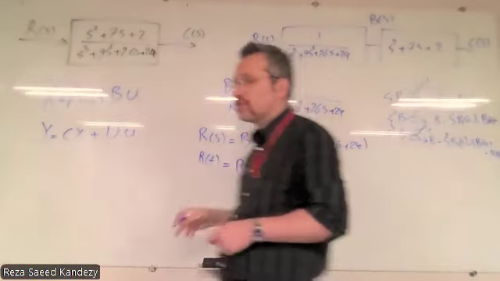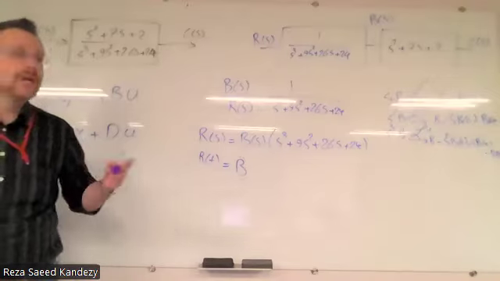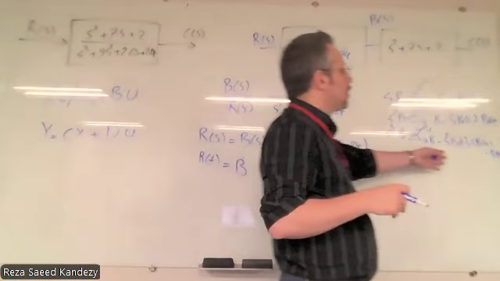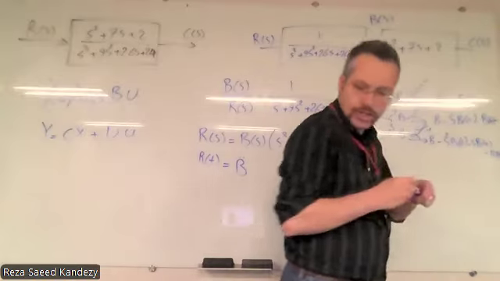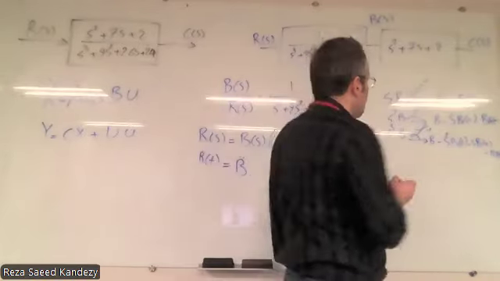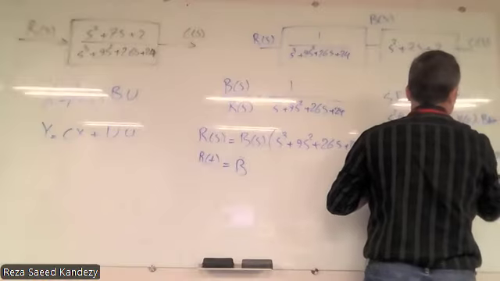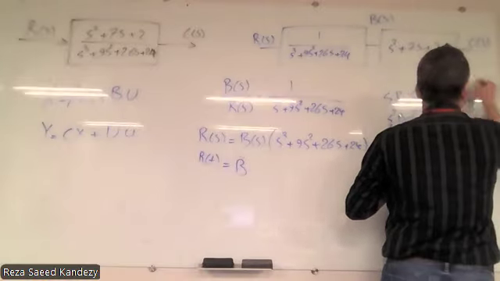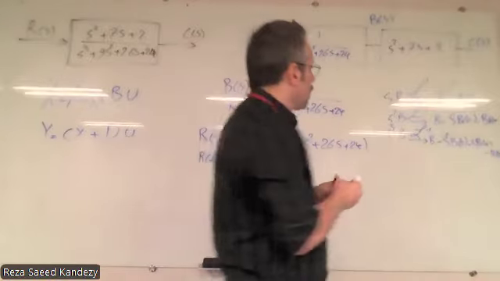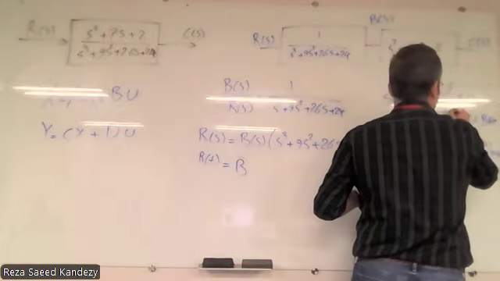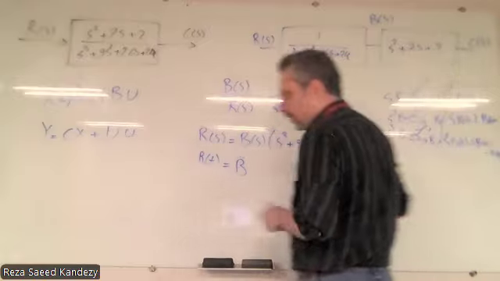But since we are talking about transfer function, we already said that all the initial conditions we assume to be 0. So all these parts are going to go away.